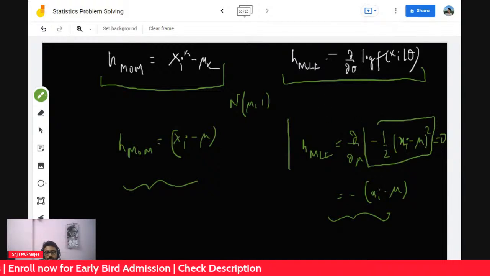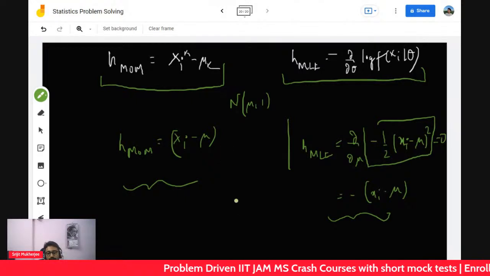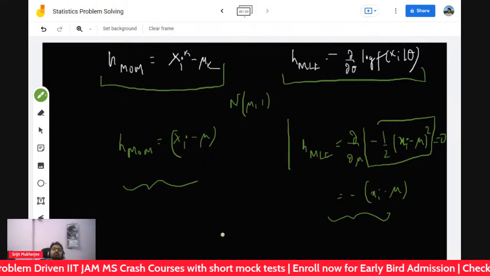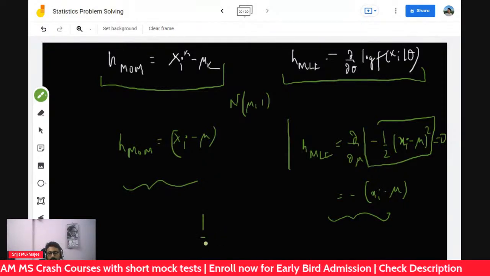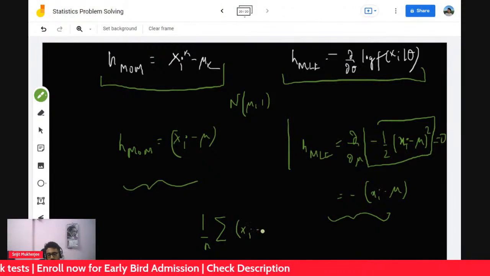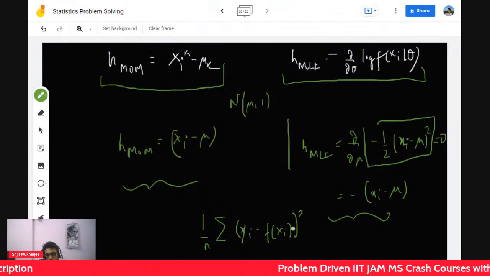So this is the basic idea. This is the relationship between MOM and MLE. Okay. And similarly here also in LSE, the h is nothing but summation of yi minus f of xi whole square.